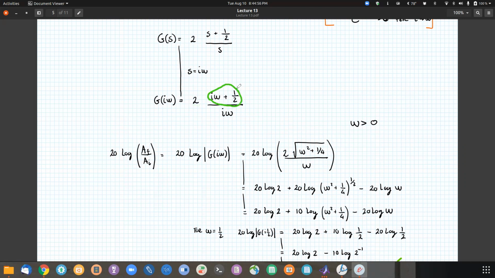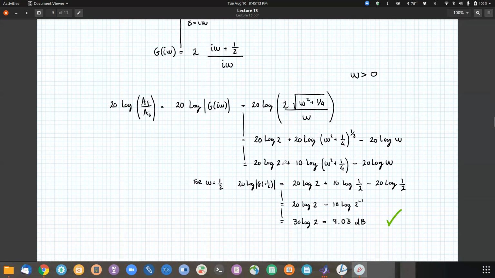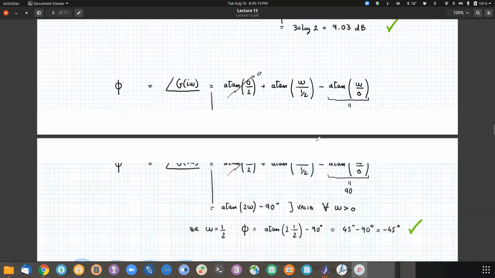So it's going to be arctangent of imaginary part, that is omega, over real part, that is 1/2, minus arctangent of imaginary part of the denominator, which is omega, over real part, which is 0. And that's exactly what we have here.